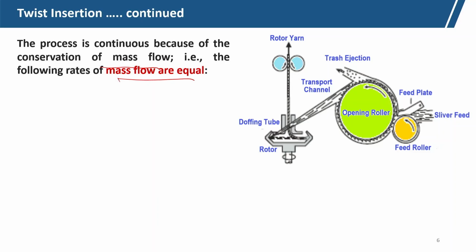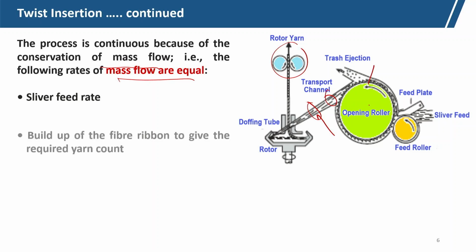That means, at every point in this rotor system, the mass flow per unit time will be the same. That means, per unit time through the opening roller and per unit time at the yarn stage, that mass flow will be exactly the same, considering there is no fiber breakage, no loss.